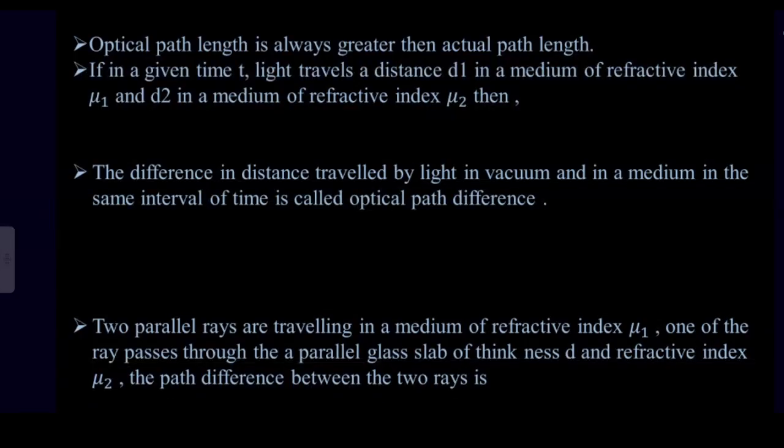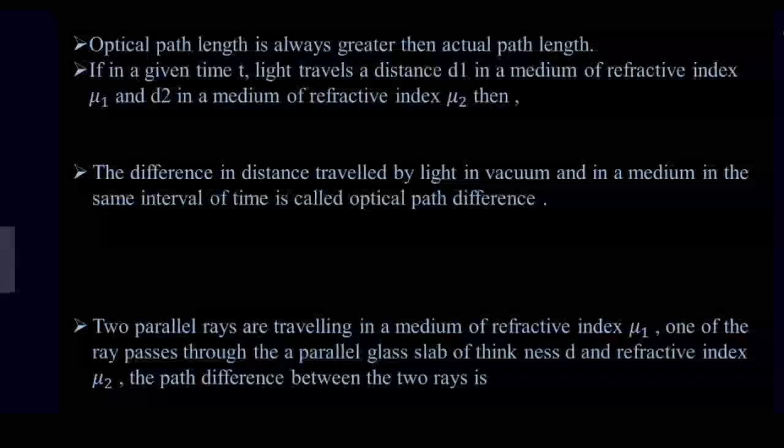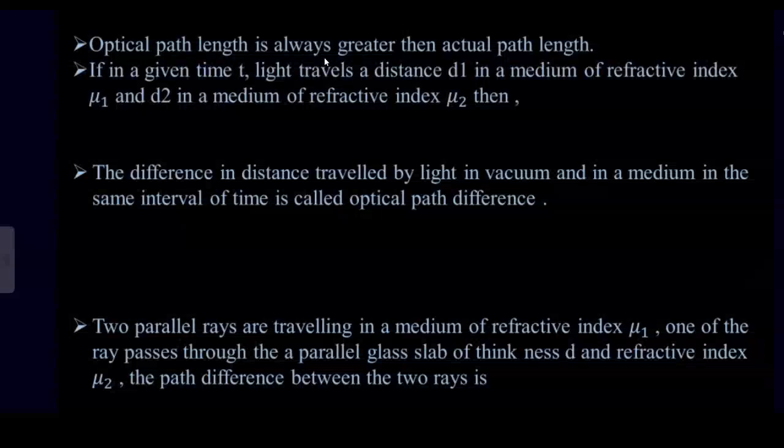Now let's see some points here. Optical path length is given by mu into d. So obviously the optical path length is always greater than the actual path. Here, what is mu?